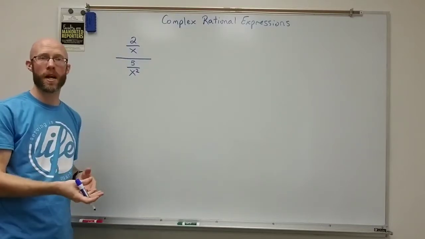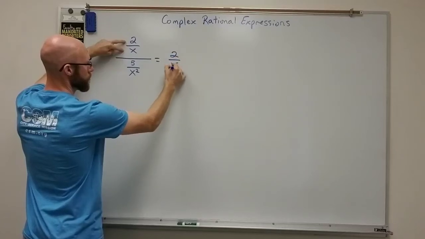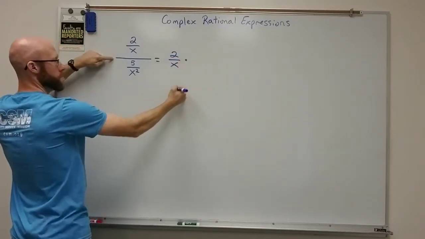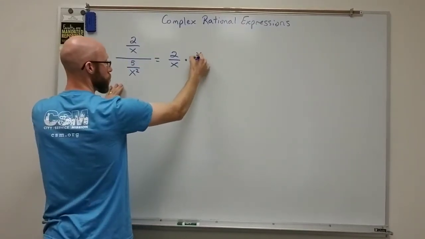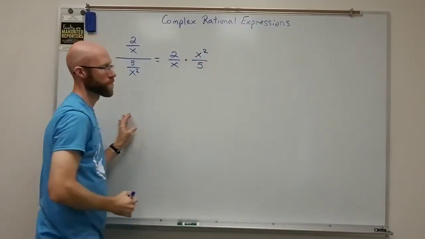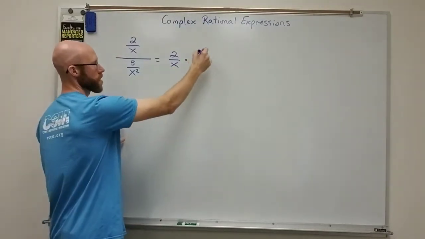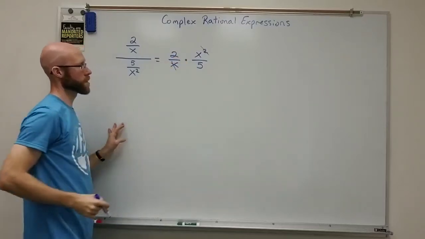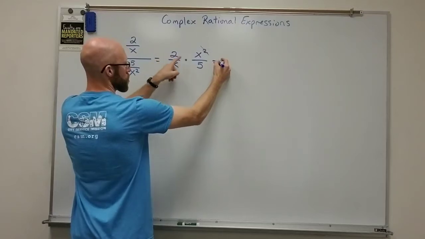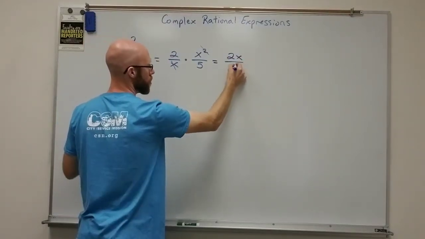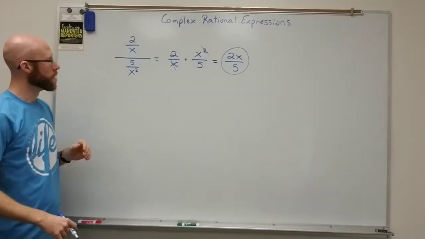So let's just do the copy dot flip right off the bat. We'll copy the top, change the divide to a times, and then flip this bottom fraction. So we get x squared over 5. Then we reduce whatever is common to a numerator and denominator. Here we've got an x that's common to the top and bottom. I'm going to reduce one of those out, and I'll be left with 2x over 5 as a simplified form. Okay? So not too bad.